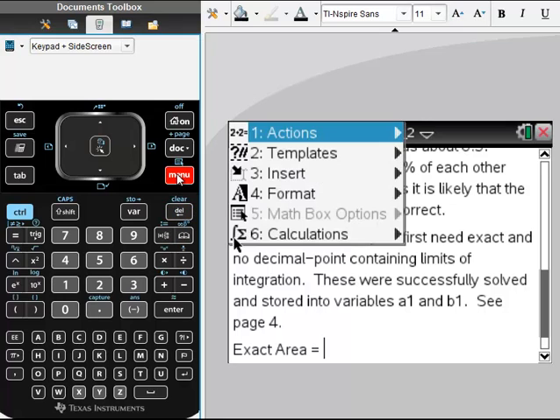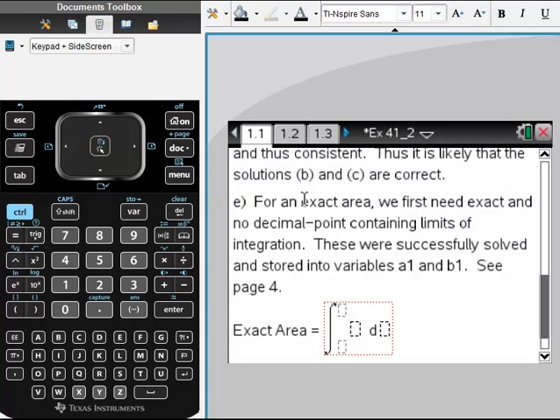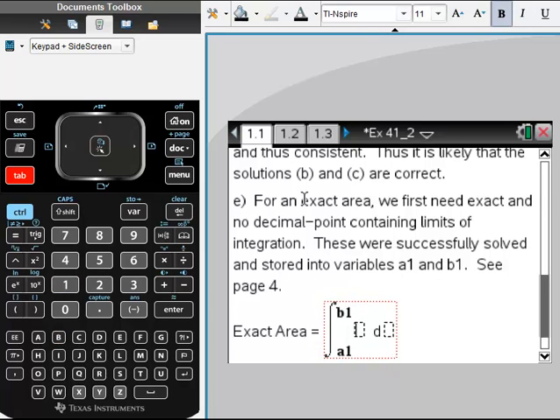Let's go to the menu, Calculations, Calculus, Integral. Okay, lower limit, A1, tab, upper limit, B1, tab. Okay, height of those rectangles again. That's the F2 of x minus F1 of x, tab dx, the width of each rectangle. We cross our fingers as we hit enter.